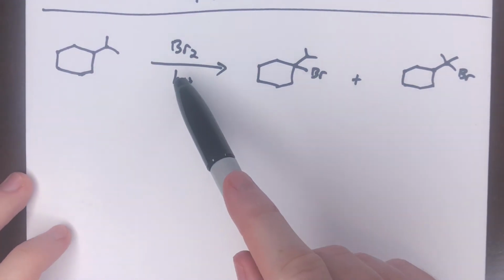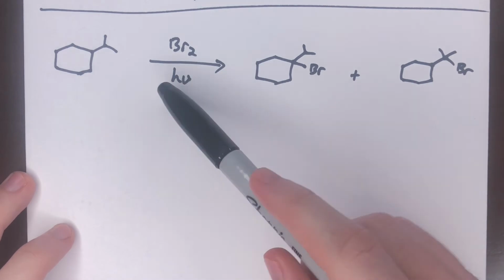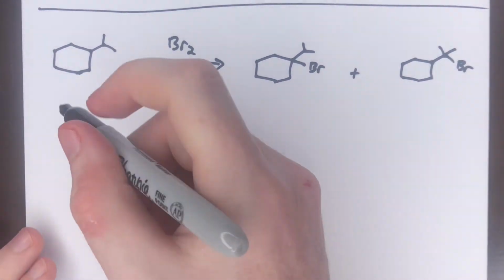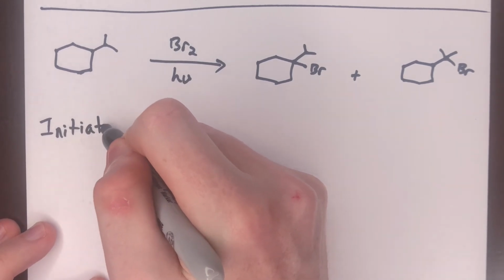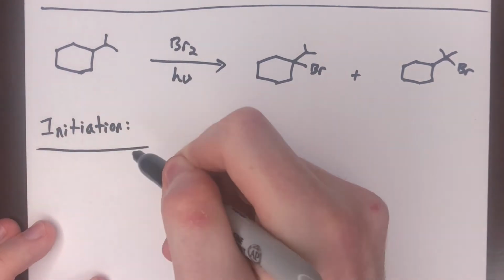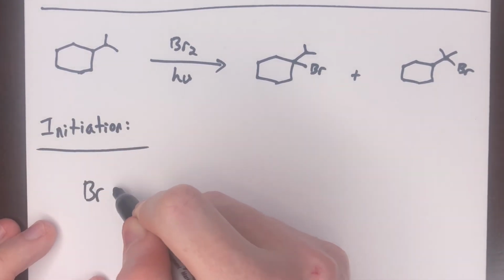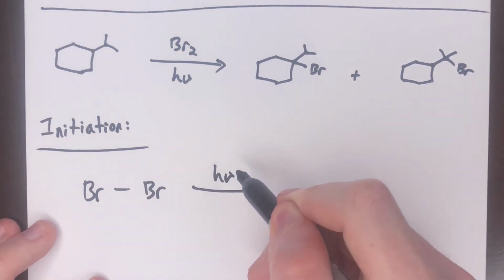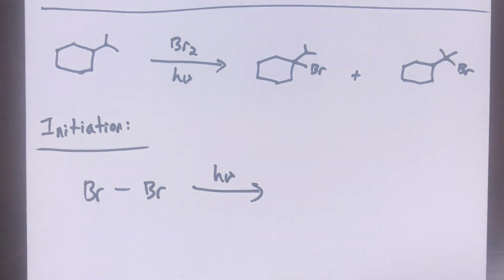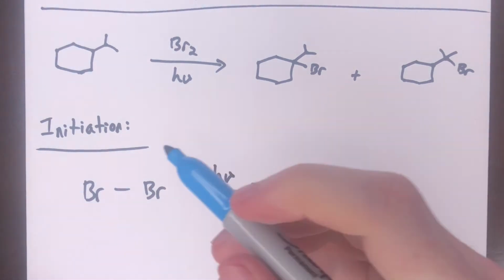Now, we do need to include the initiation step and propagation steps, right? Those are not listed as not necessary. So our initiation step is simply going to be Br2 homolytically cleaving. And we need h nu to do this. We need our light or heat or some energy source.